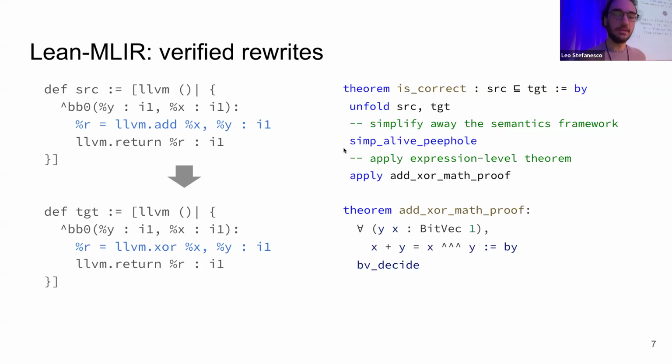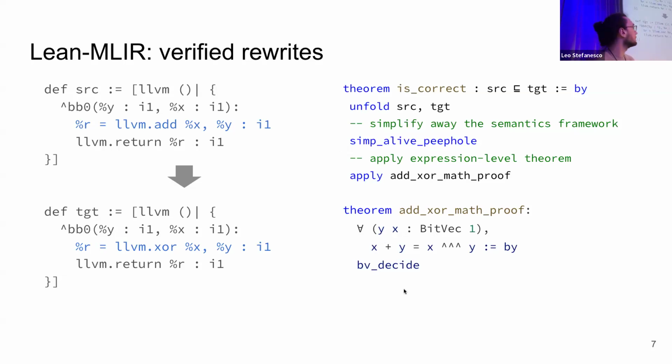So basically, we have tactics that remove the MLIR LLVM wrappers to get into the mathematical core of this rewrite, which is just that if x and y are bit vectors of size 1, x plus y is equal to x XOR y.